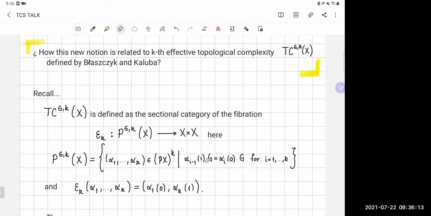The orbit of the final point of the (i-1)th curve agrees with the orbit of the initial point of the ith curve.